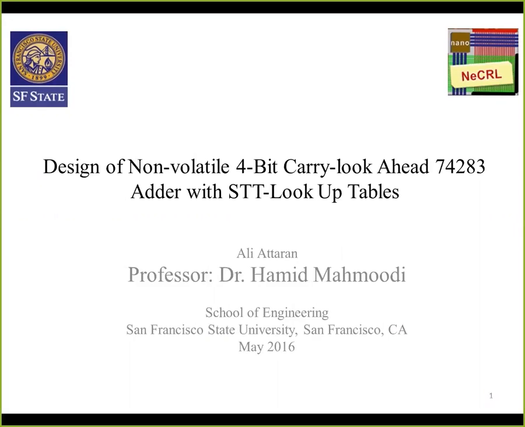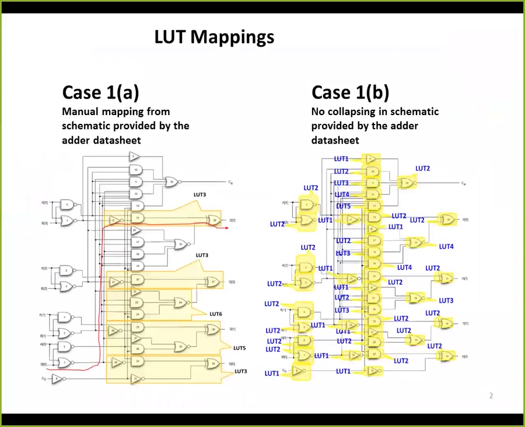Thank you, Professor. So for this project, I had a few circuits to try out and optimize based on different mappings. This is the first case which Professor just showed us. This is the schematic on your left.